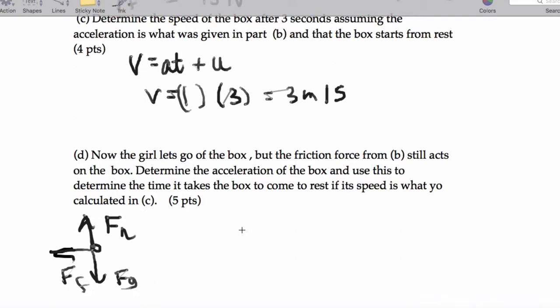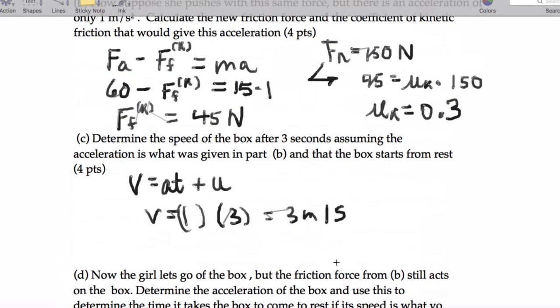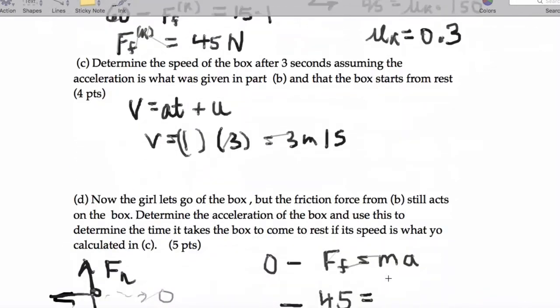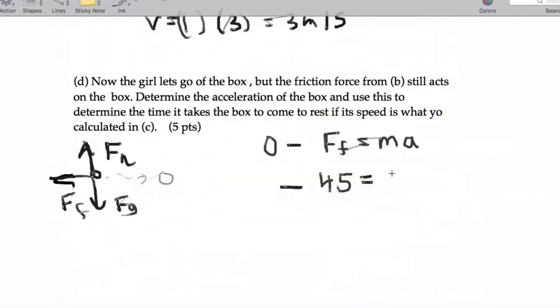And so what we have here is, it's kind of like we'd have an applied force of 0 here. So 0 minus the force of friction is going to equal my little m times A. Our friction force from previous is, we're going to say here it's that 45 newtons equals the mass, which is 15 times A. So A is in fact -3 meters per second squared.